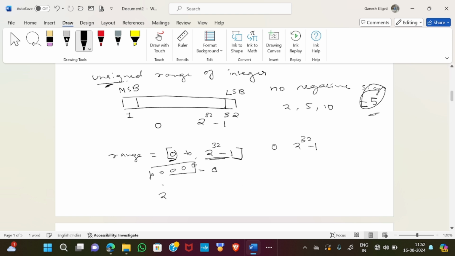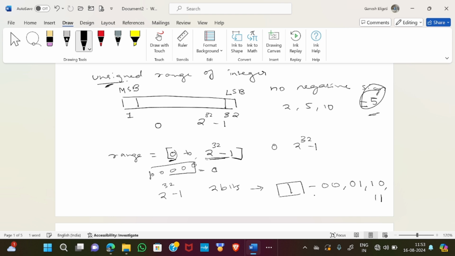Now, why is it 2 power 32 minus 1? We will understand with an example taking a number of 2 bits. Let's think of the possible combinations we can represent with these two. One would be 0, 0, another 0, 1, then 1, 0, and 1, 1.